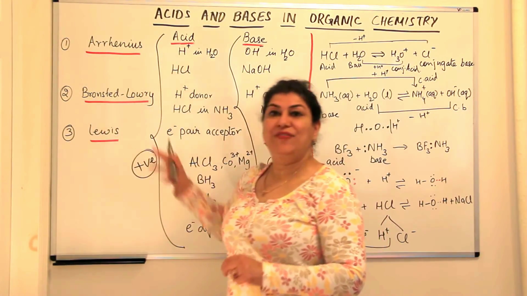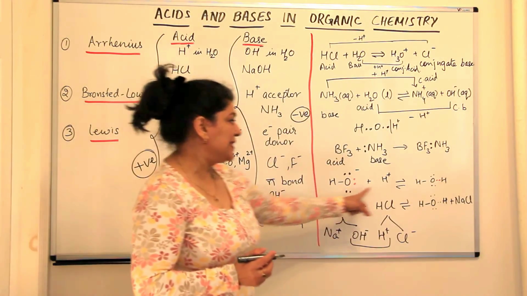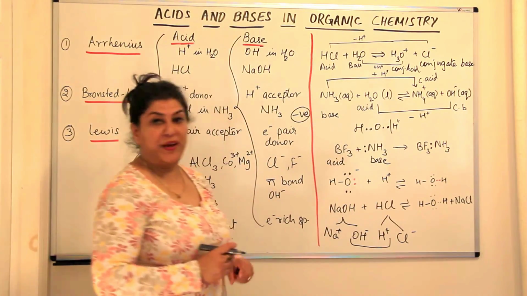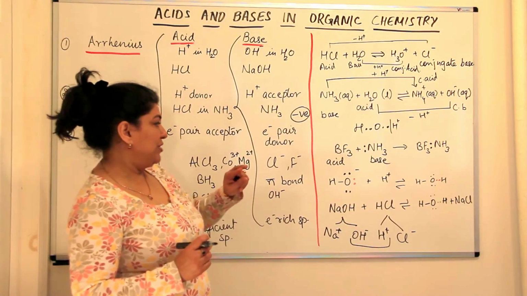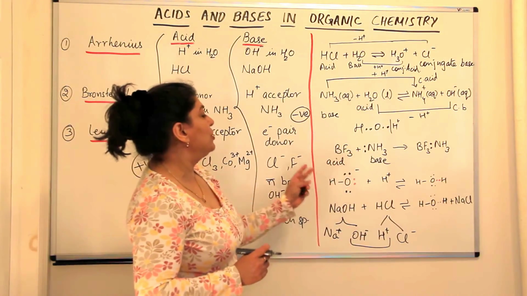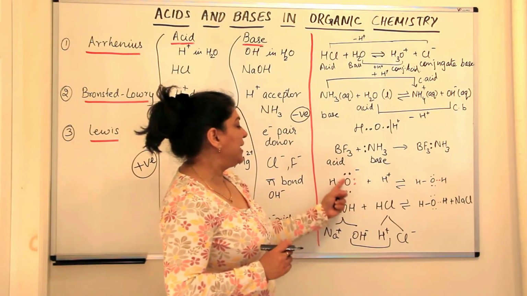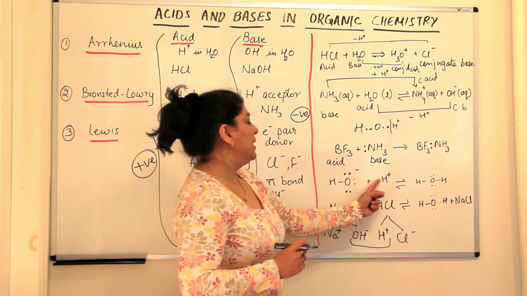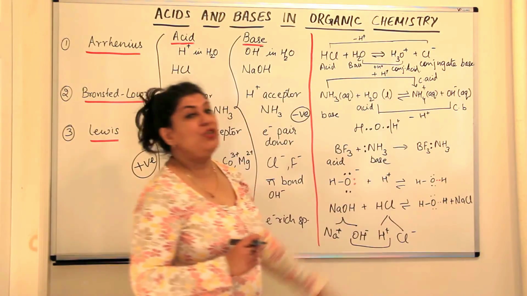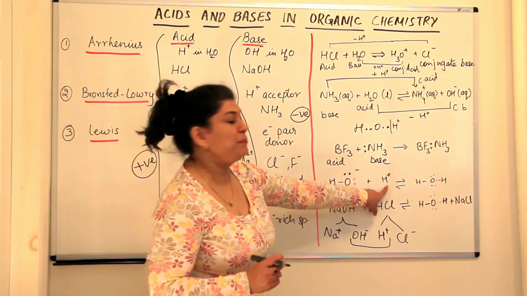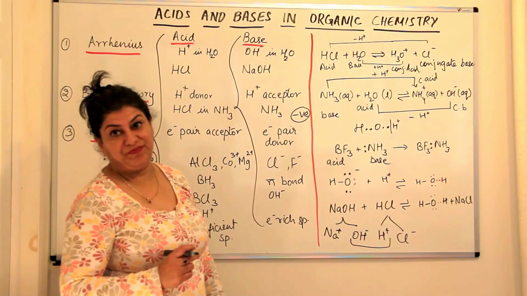And the Lewis definition can also be used to explain the same reaction. You have this lone pair of electrons here, and this pair of electrons is being lost. So OH negative loses these electrons, the electron pair, to form a bond with the electron pair acceptor, which was H positive.